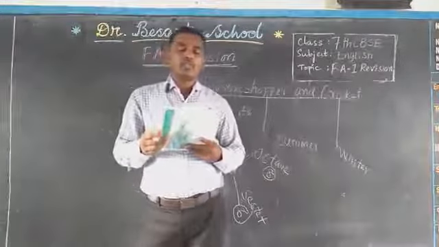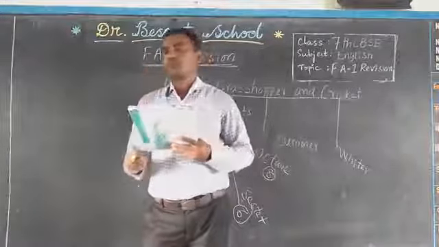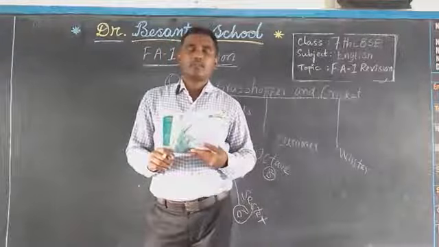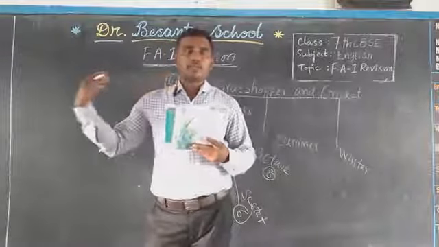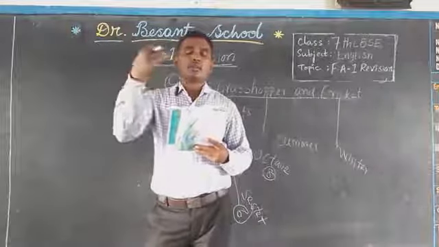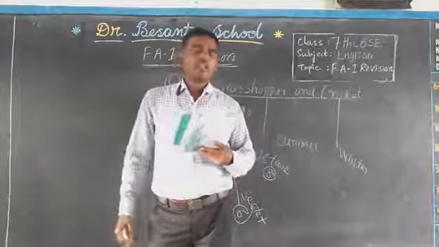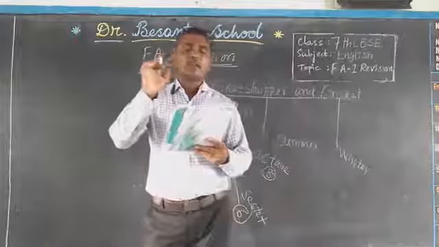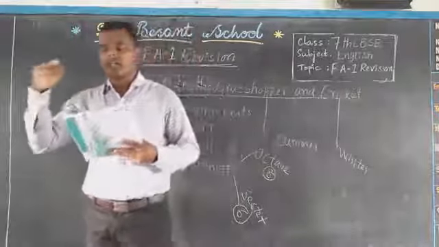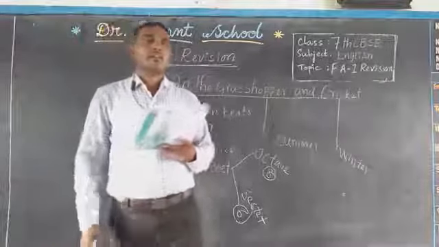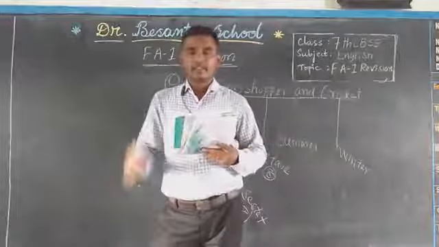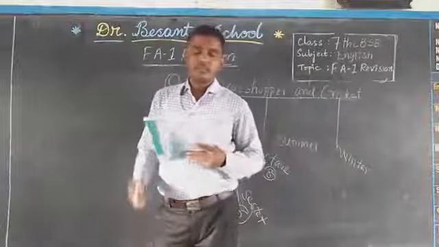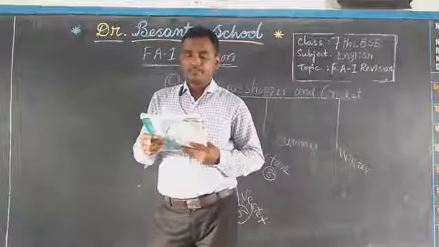Whose voice do you hear on the summer afternoon? You can get options. The correct option is grasshopper, right? Which insect takes over from the grasshopper in winter? Correct option is cricket. Next.